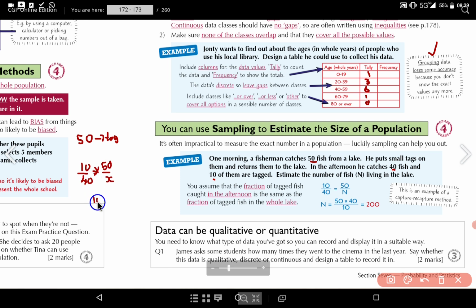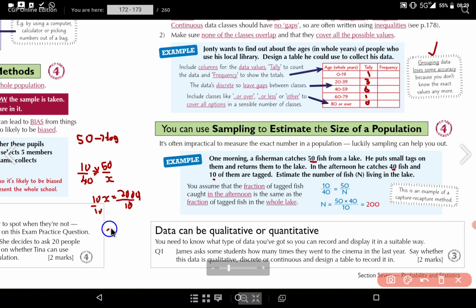This will give us 10x, and this will give us 2000. So over 10, this is 2000 over 10.